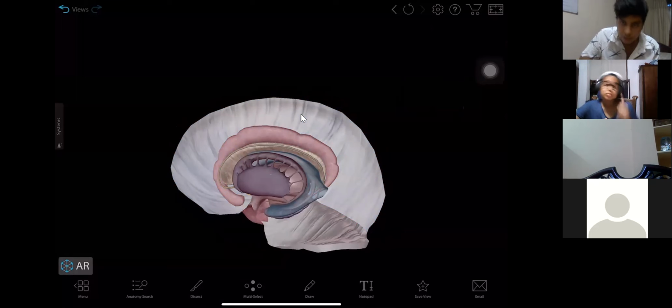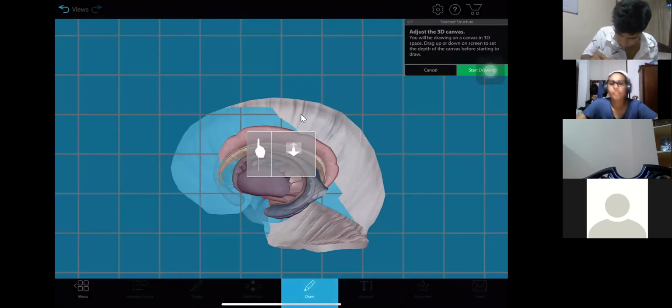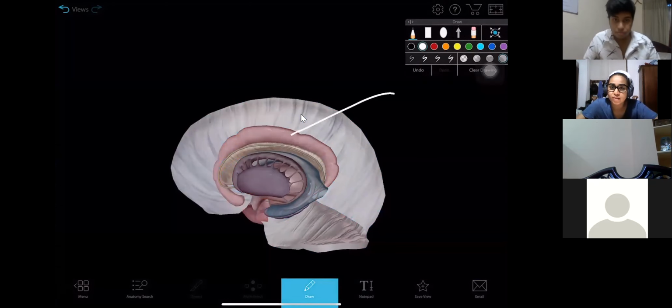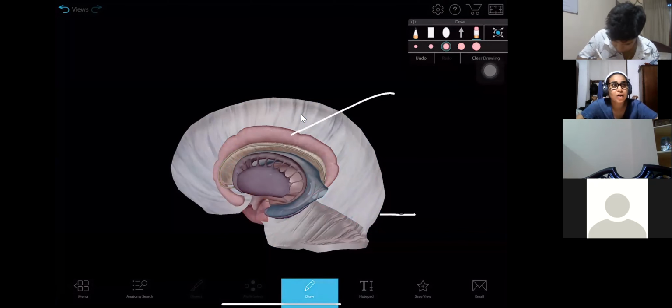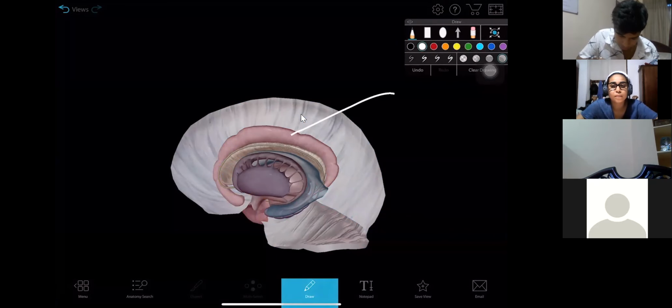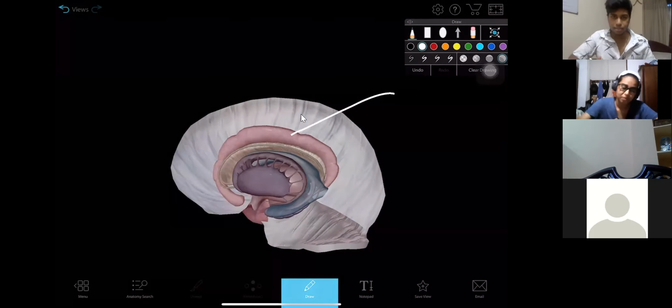Can someone tell me what the pink structure is, the one I drew above? Simple name. White matter fibers that go from either side. Cingulate gyrus?